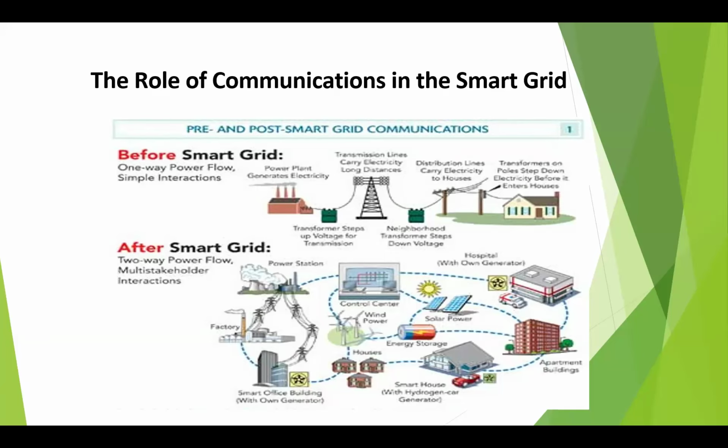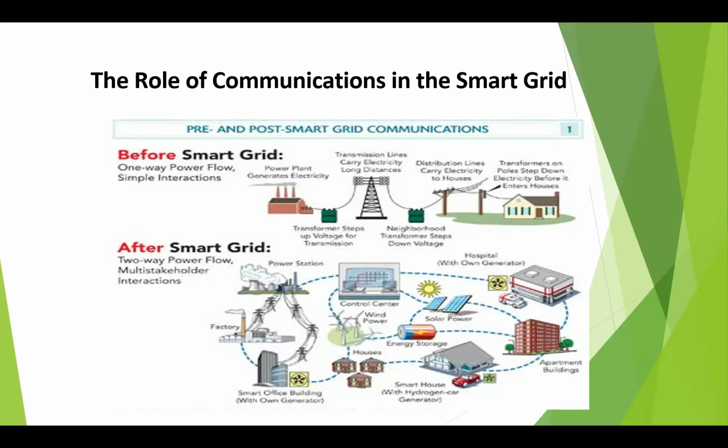Then it may have a control center. Through the control center, data can be transferred to the utility as well as distribution via the power stations. So this picture explains the difference between before smart grid and after smart grid.